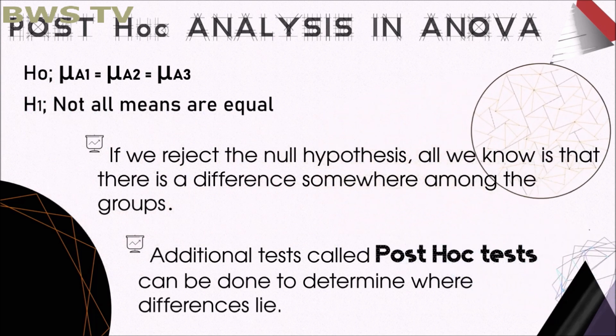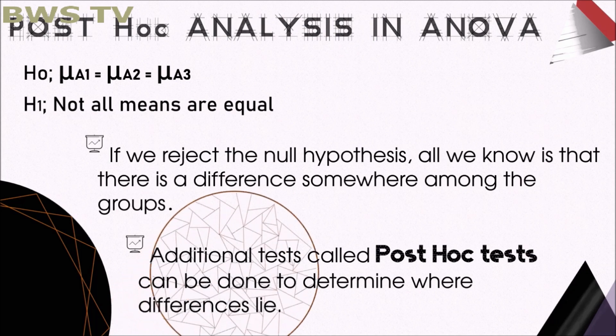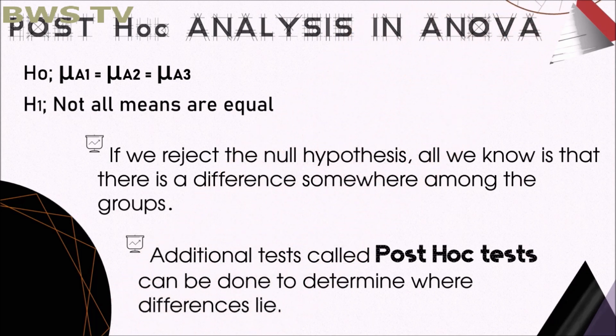We don't know where that difference is, so additional tests, called post hoc tests, can be done to help determine where the differences lie. Maybe groups 1 and 2 are different, maybe 2 and 3 are different, or maybe they're all different. The post hoc test will tell us that, and there are different ones we can perform.